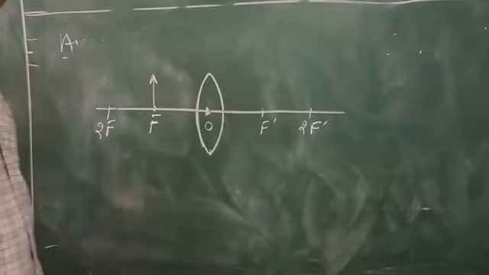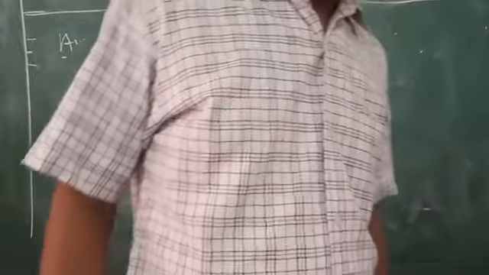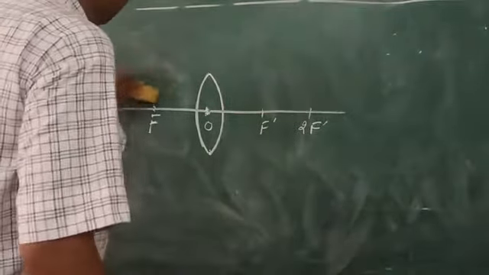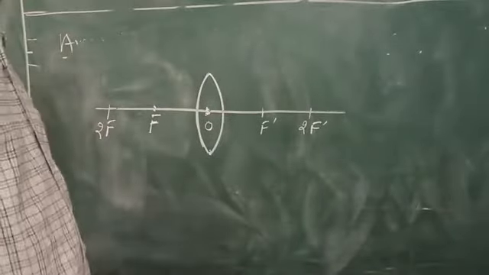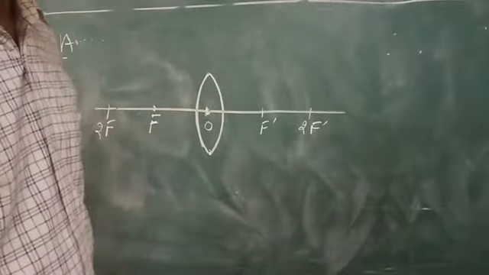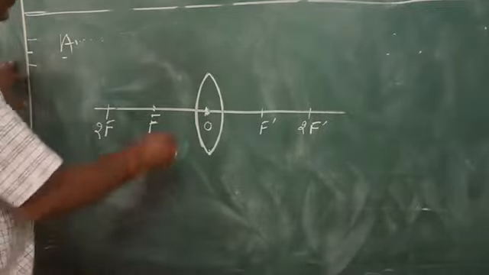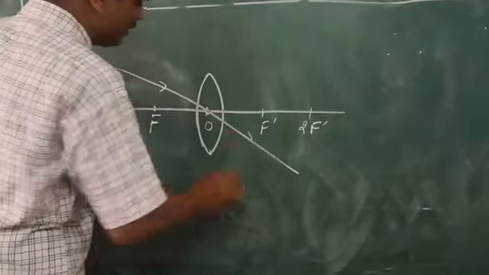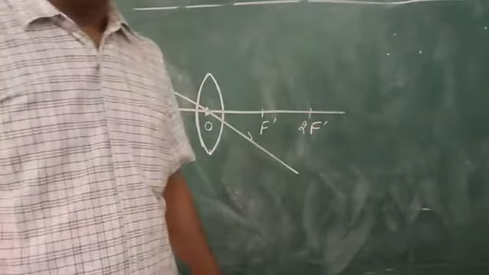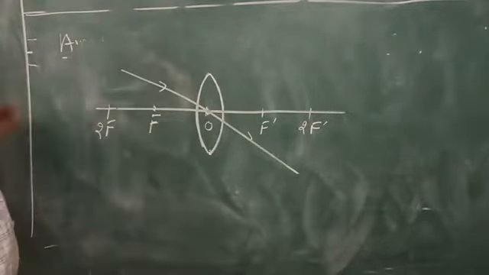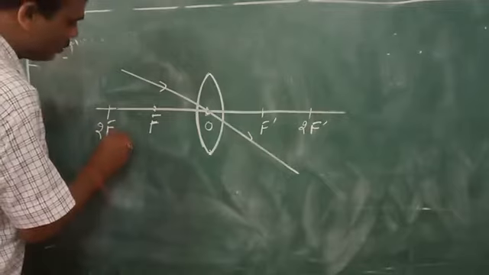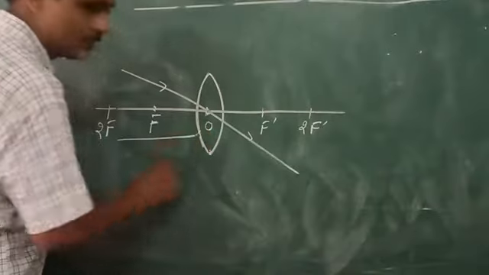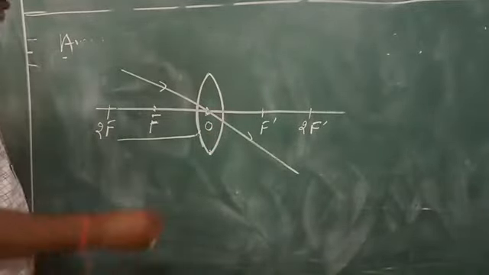And now you are also seeing that when a ray of light goes through the optical center, it passes in a straight line, and when a ray of light goes parallel to the principal axis, after refraction it passes through the focus.